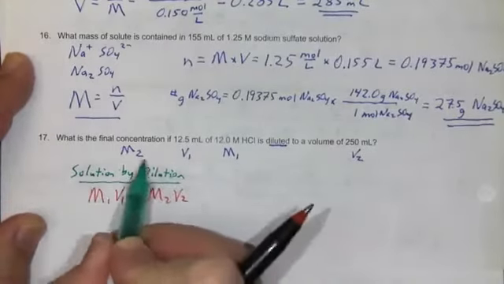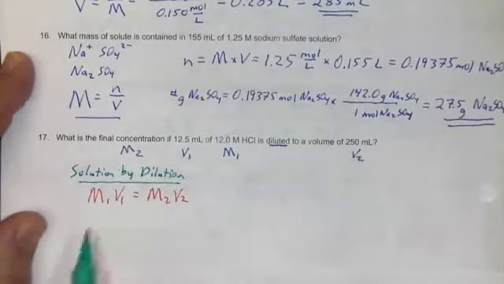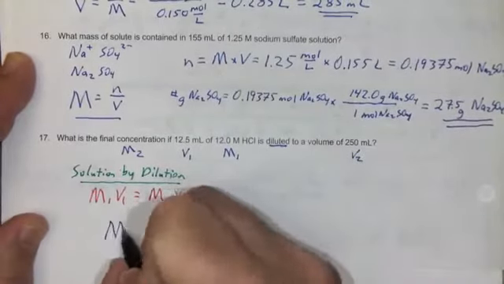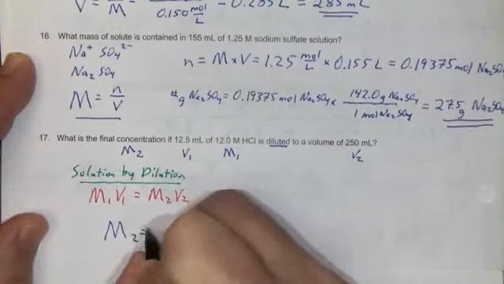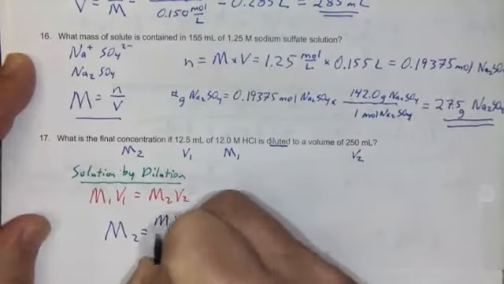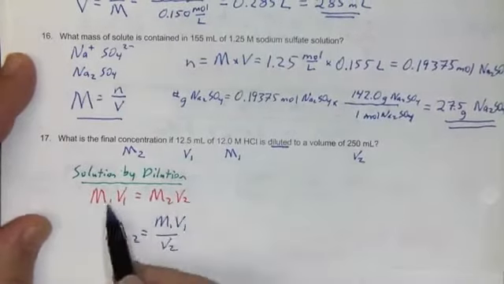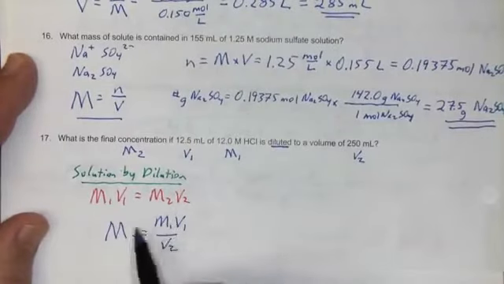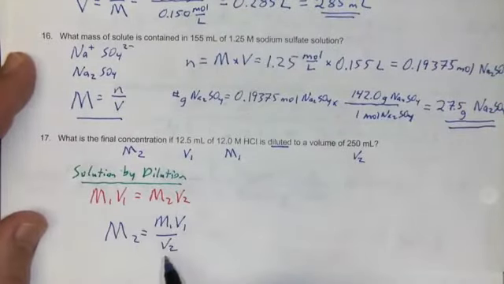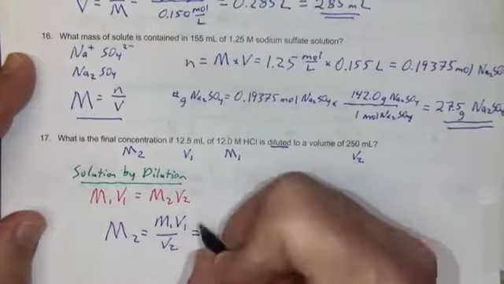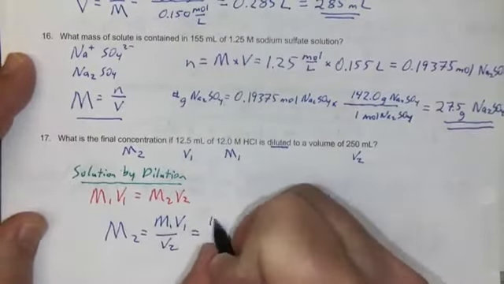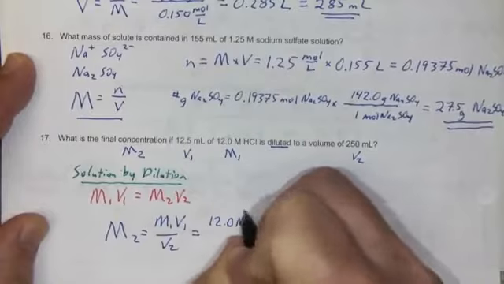Now notice that in this case we want to know what the final concentration is, so we need to solve for M2. So we're going to see that M2 is equal to M1V1 over V2. Now my suggestion is before you plug the numbers in, first rearrange the variables and then plug the numbers in. You're less likely to make a mistake. So what is the original molarity? It's 12.0 capital M molar.